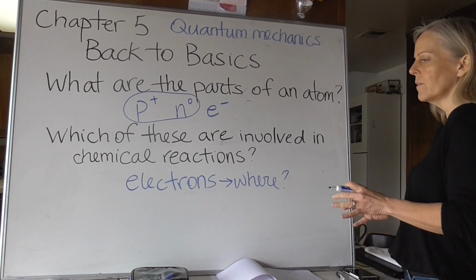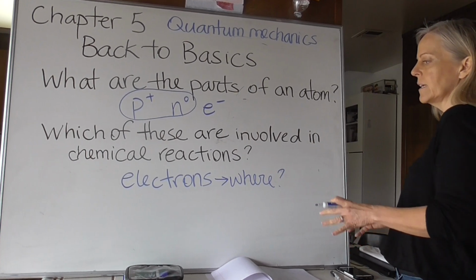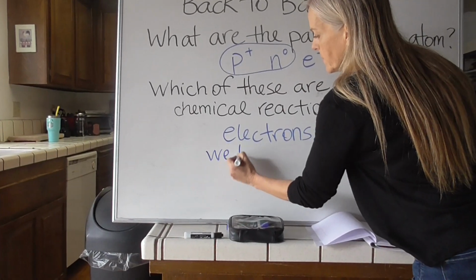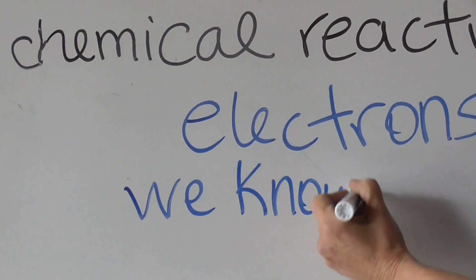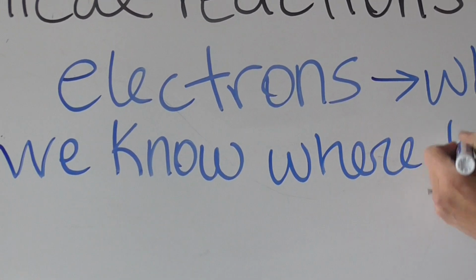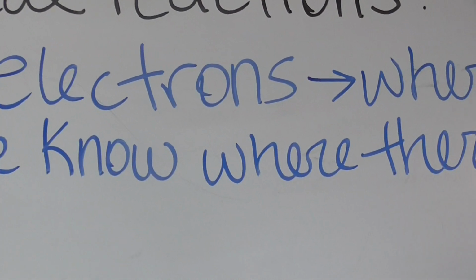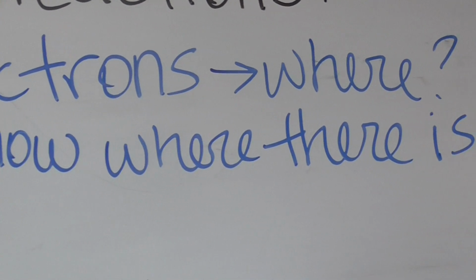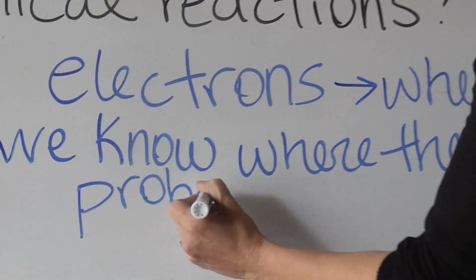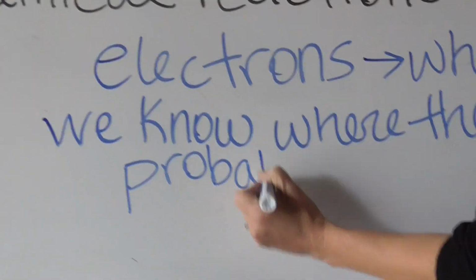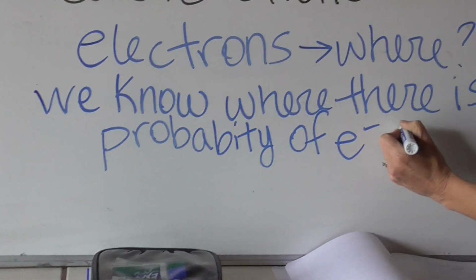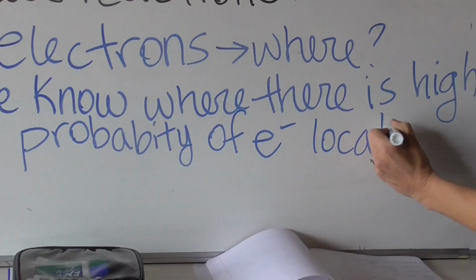But we can't tell where they are. We can tell where they probably are. So we know where there is a high probability of that electron's location.